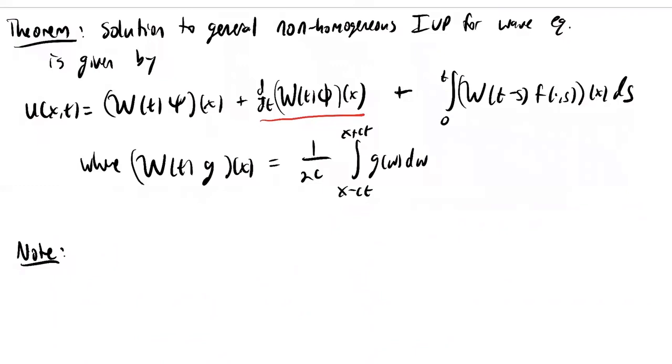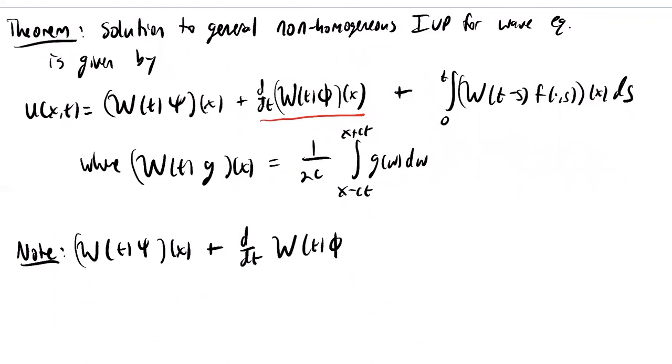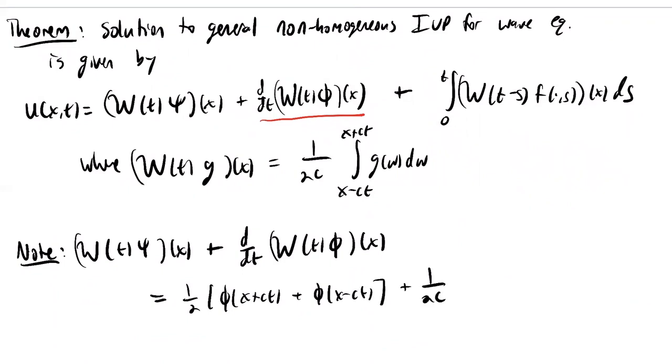If you look at the wave operator at t applied to psi at x, plus the time derivative of the wave operator applied to phi at x, this is equal to 1/2 of phi of x plus ct plus phi of x minus ct, plus 1 over 2c times the integral from x minus ct to x plus ct of psi of w dw. So this just reduces to the D'Alembert formula.